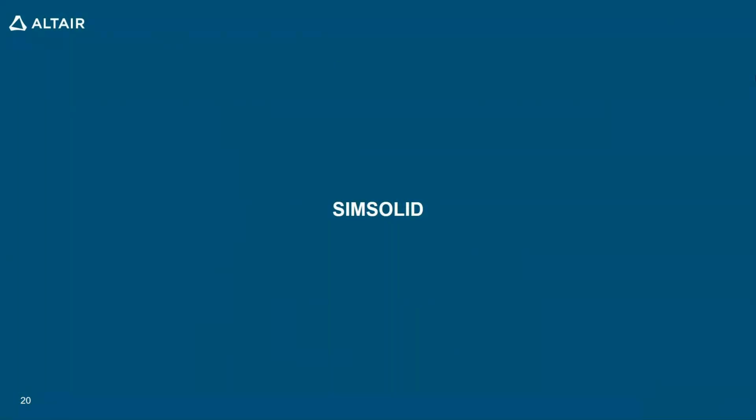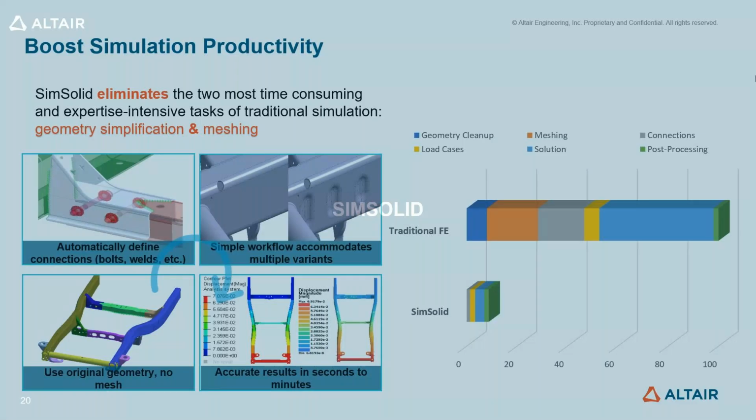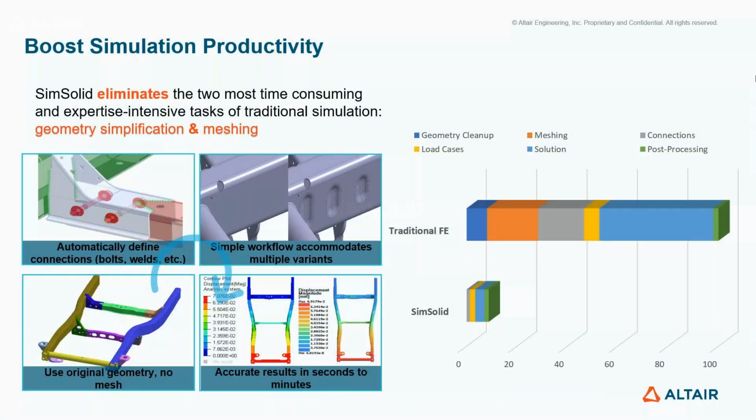So coming to meshless technology, SimSolid. SimSolid is the meshless technology which eliminates the pre-processing work and reduces the time of iteration very drastically. So it works directly at the design phase.